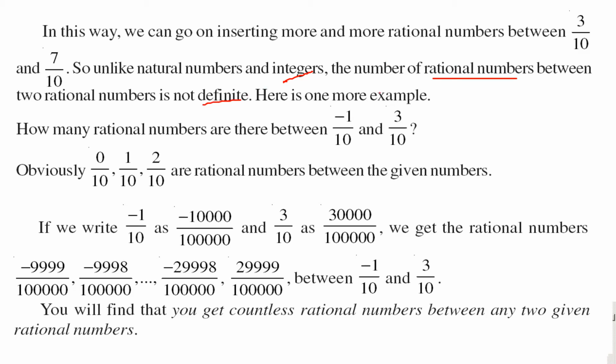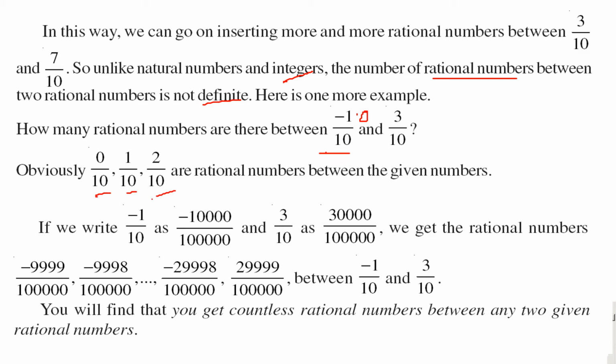I'll give you an example. How many rational numbers are there between minus 1 by 10 and 3 by 10? Easily, 0 by 10, 1 by 10 and 2 by 10. These are rational numbers between the given numbers.